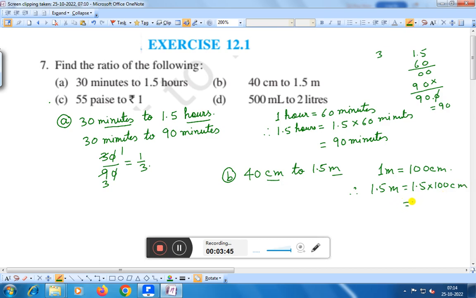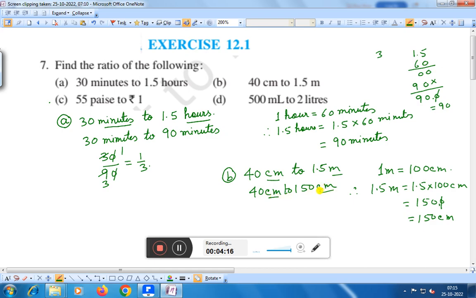That comes to 1500. There is one digit after the point, therefore point, and there is no value for 0 after the point, that is, 0 will be cut. It is 150 centimeter. Right? Therefore, it is 40 centimeter to 150 centimeter. Now you see both the units are same.